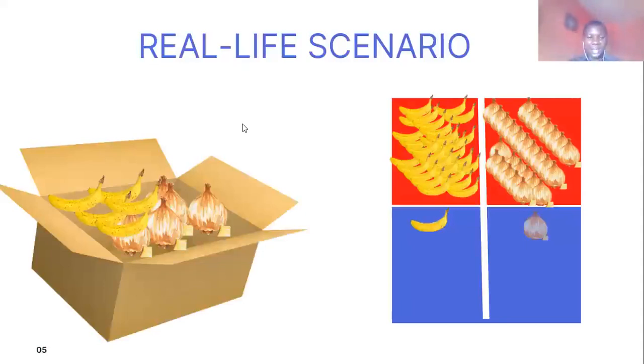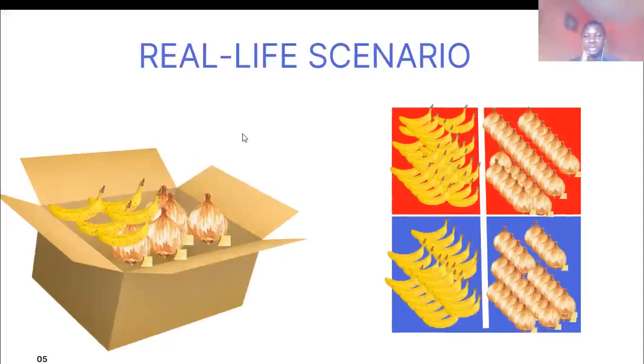Let's say we are planning to store bananas and onions inside 2 layered cabinets. For each cabinet, I have the opportunity to store bananas in a separate compartment for the first layer of the cabinet, and there's another compartment for onions.